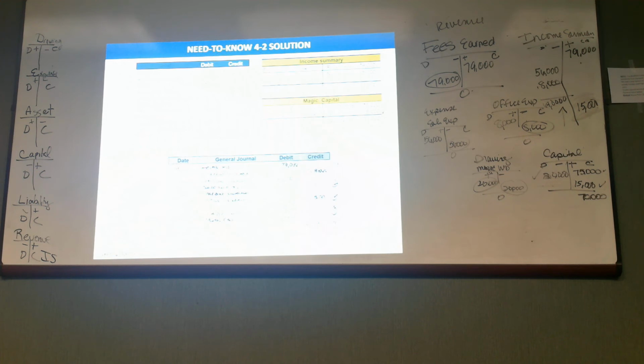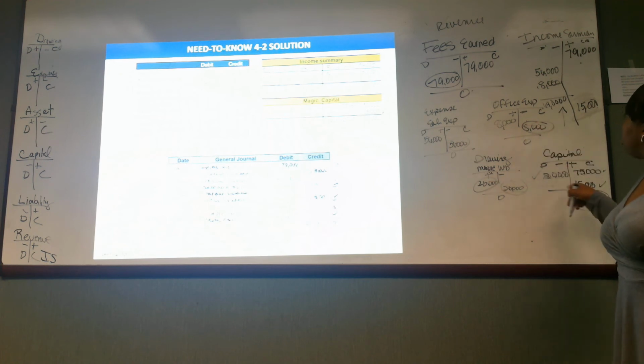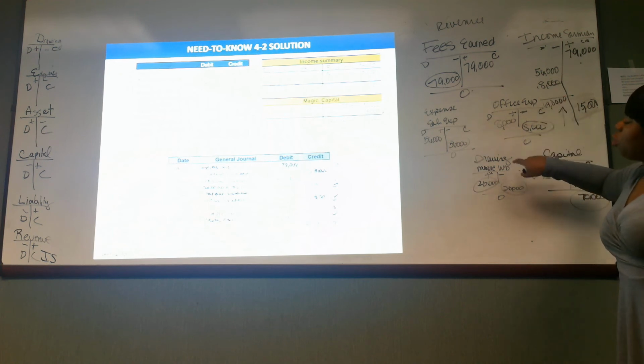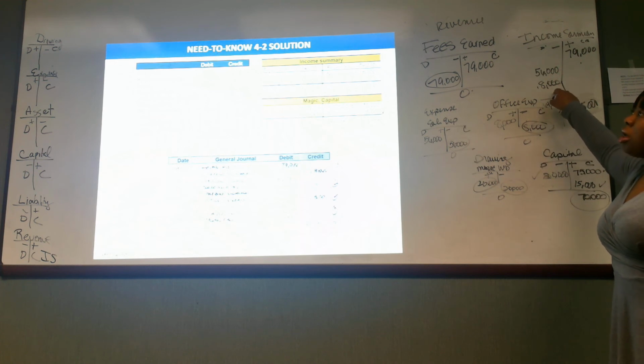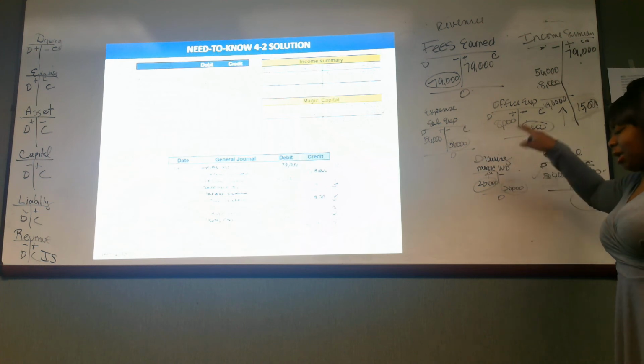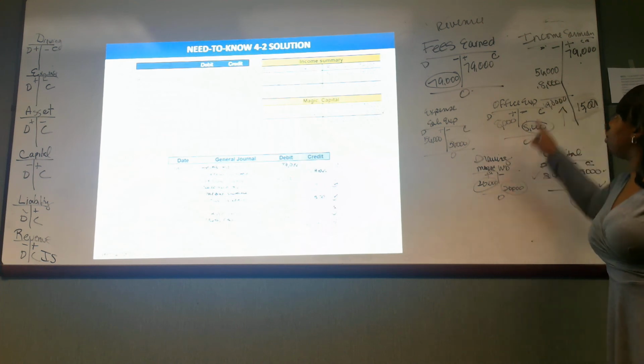But that's correct. With drawing, your end result ends up being the same, but the journal entry does have to be this way, because drawing is not a portion of income summary. Income summary is basically your net income, and drawing does not impact your net income. It is a deduction from capital, but it does not impact net income.